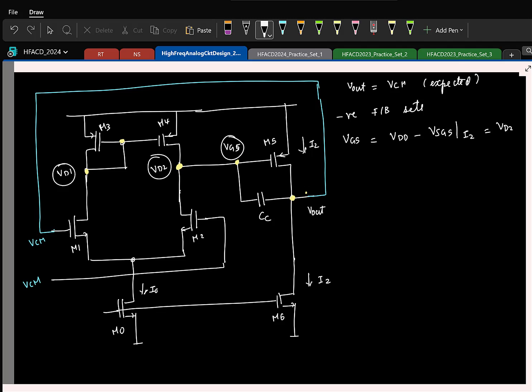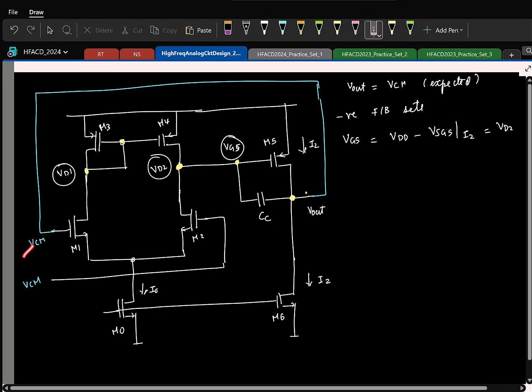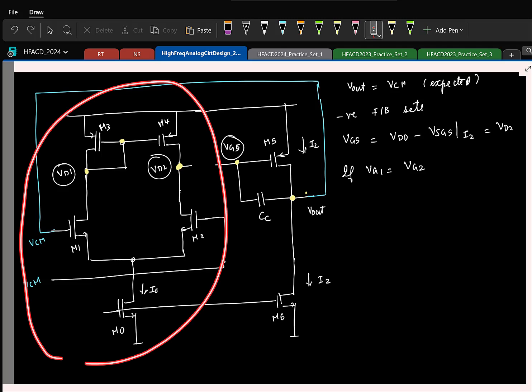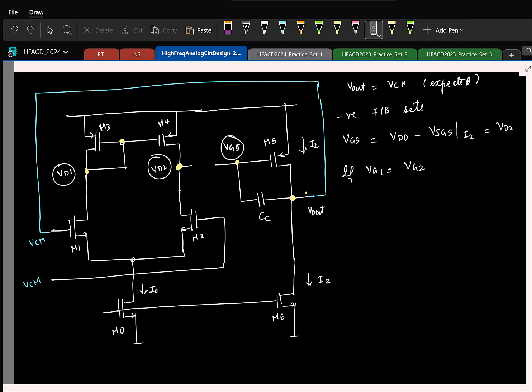Okay. Now we assume that both these guys are equal, and we also know that if the two gate voltages are equal, right? And for experiment's sake, let us say I don't do this, I just take the first stage alone. For the first stage alone, if I apply the same gate voltages here, what can you say about the drain voltages?